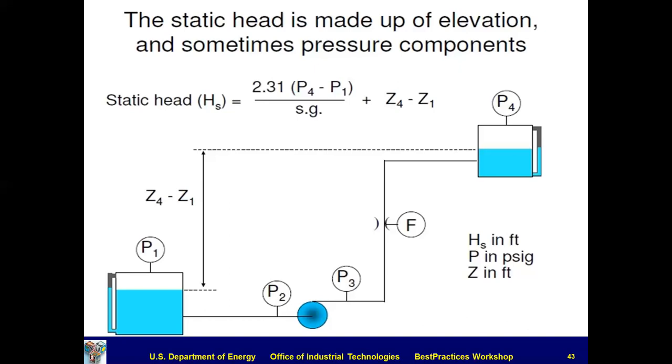If it's not standard water, if it's either different temperature water or a different fluid, we would adjust by dividing by the specific gravity of the fluid. So that would be the part of the static head based on the differential pressure between P4 and P1. Then we also have the differential elevation, which is the term Z4 minus Z1. They're just measured relative to probably the floor, but the same datum will work, okay?